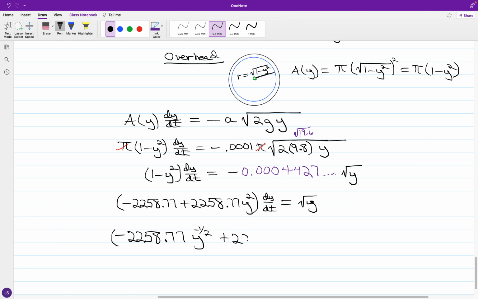And we have plus 2258.77, y squared divided by the square root of y, that is going to be y to the 3/2. We have quantity dy is equal to dt.